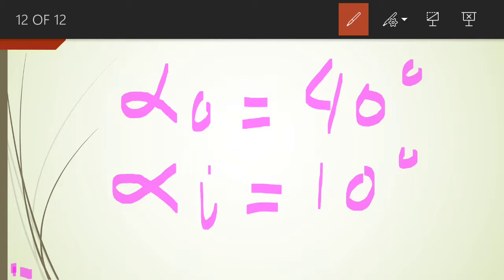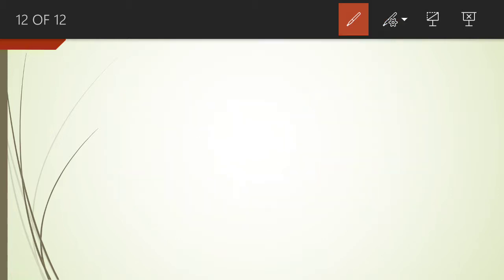So we want to reduce the size of the cone in such a way that the half angle of the cone is 10 degree. Okay. So what we do, we calculate the magnification first.